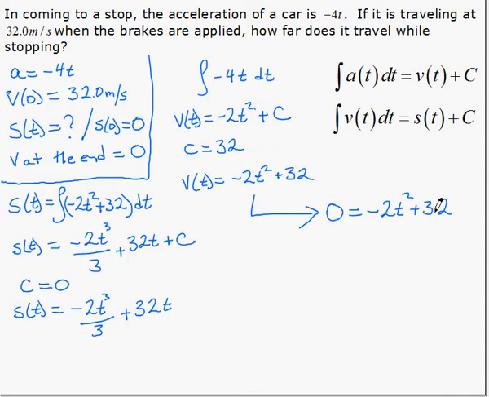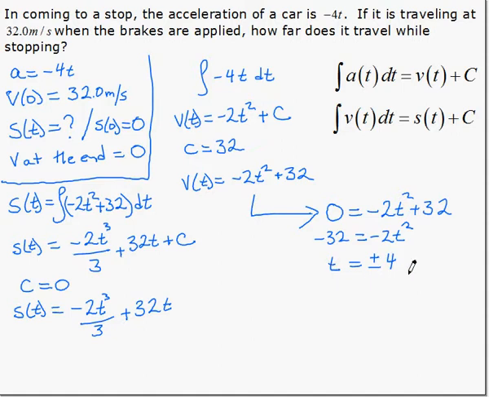So solving this equation, this becomes negative 32 equals negative 2t squared. Dividing each side by negative 2 leaves t squared equals 16, and that means t equals plus or minus 4. Since we're dealing with time, we'll disregard the negative and we'll just say the time is 4 seconds.